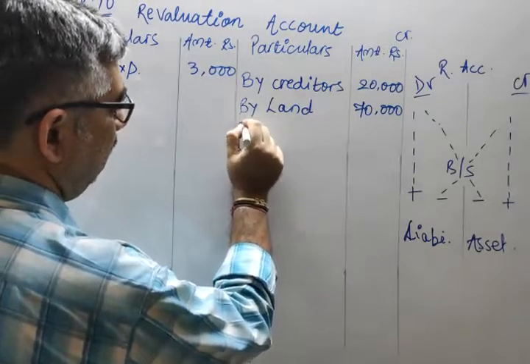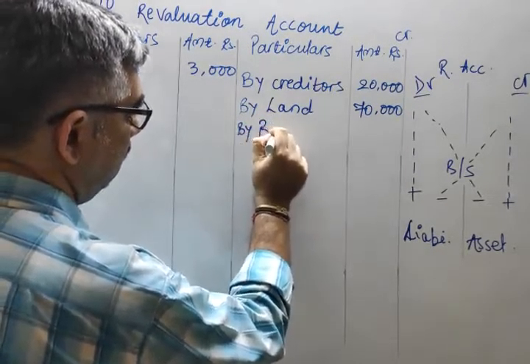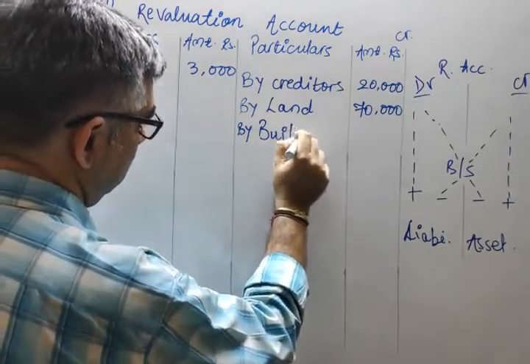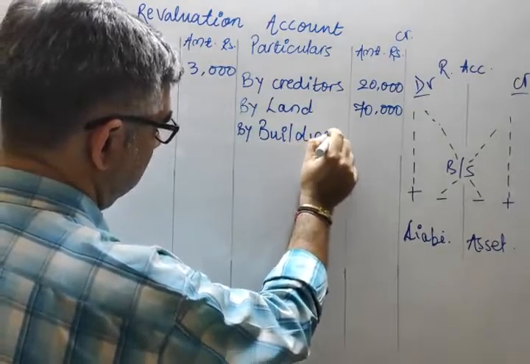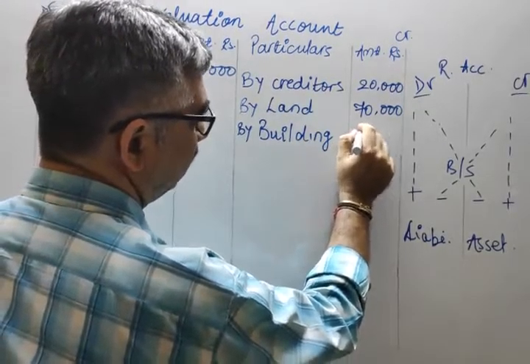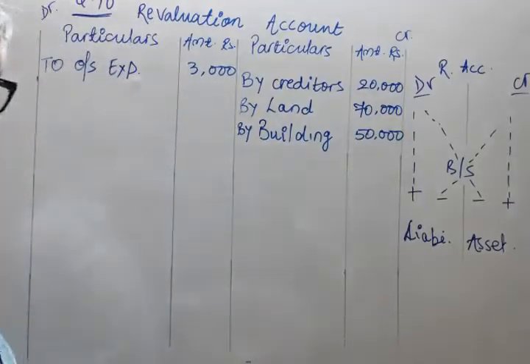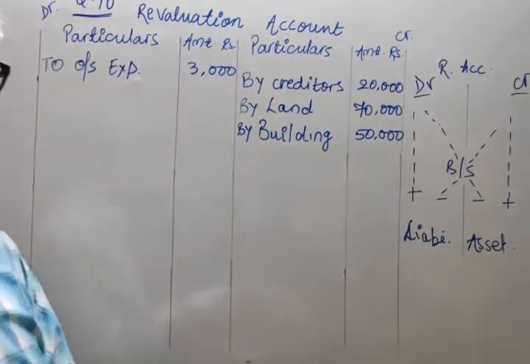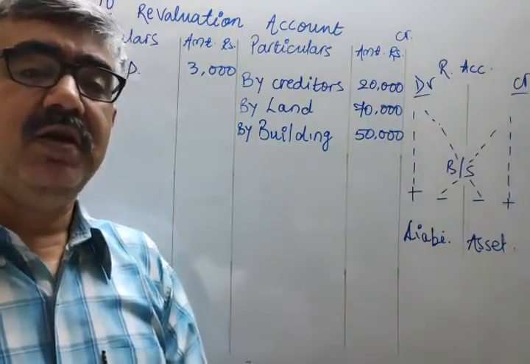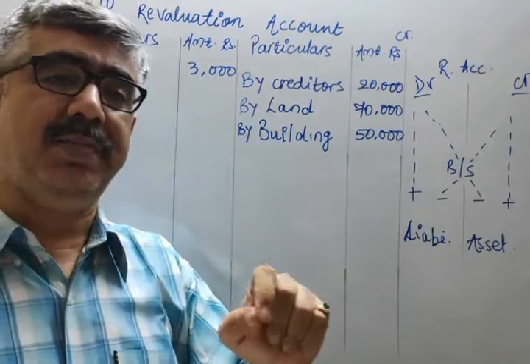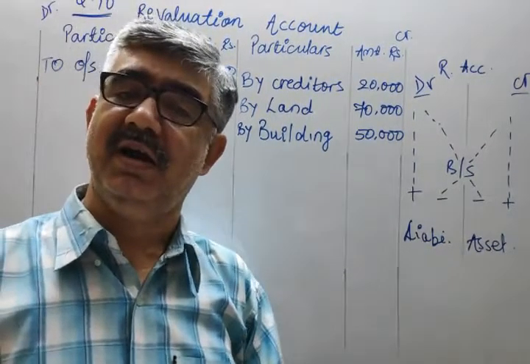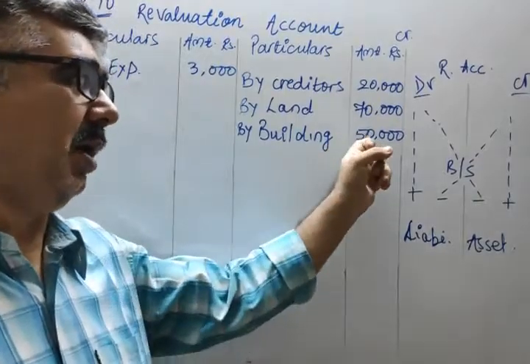So by building 50,000. Is that clear? Whenever the "up to" word is there, you have to write the difference. Whenever the "by" word is there, you have to write the same amount.